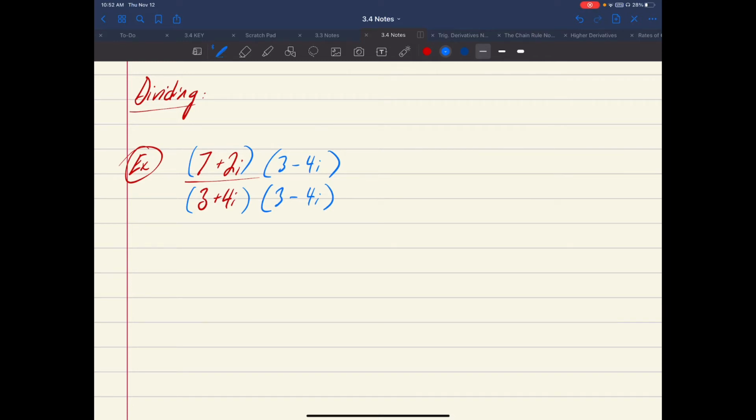So this would be 21 - 28i + 6i - 8i squared. In the denominator, that's just like multiplying (x + 1) times (x - 1). It's x squared minus 1. So this would just be 9 - 16i squared.